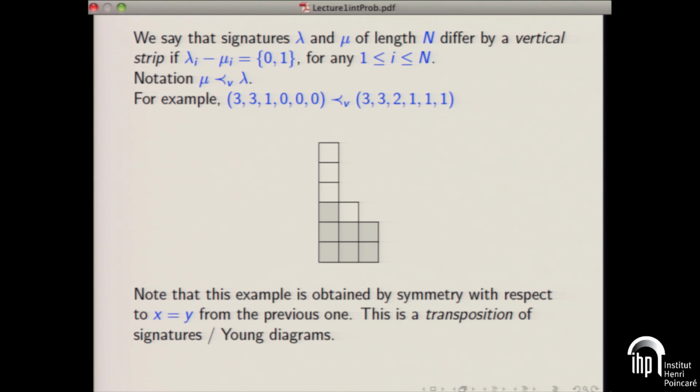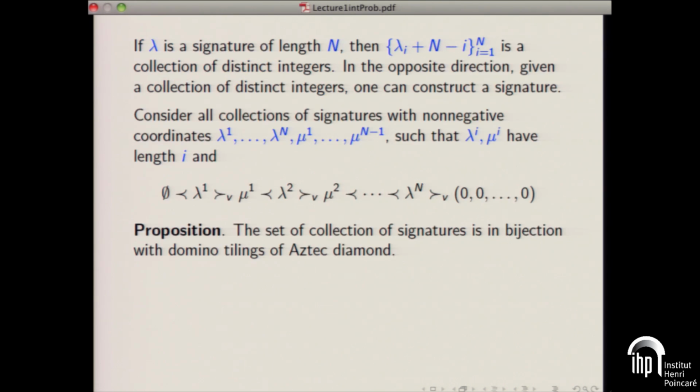Okay. One last thing that we will do with signatures is to make a shift. As I said, a signature is a collection of n integers which can coincide. But it's very easy to transform: I can also consider a shifted signature, which means that I consider the integers lambda i plus n minus i.